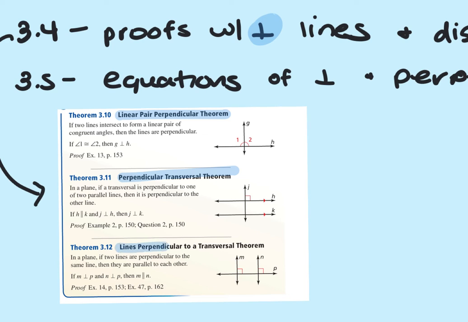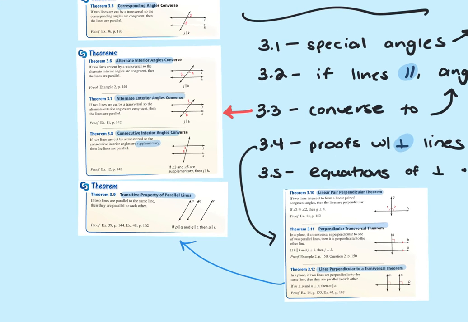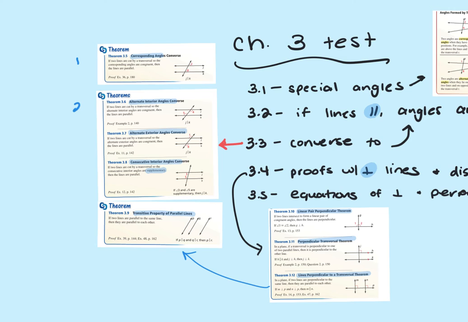And then the long one, lines perpendicular to a transversal theorem, which says if 2 lines are perpendicular to the same line, they are parallel to each other. So this became the 6th way to prove lines are parallel. So we have a total of 6. 1, 2, 3, 4, 5, 6 ways that prove that lines are parallel.